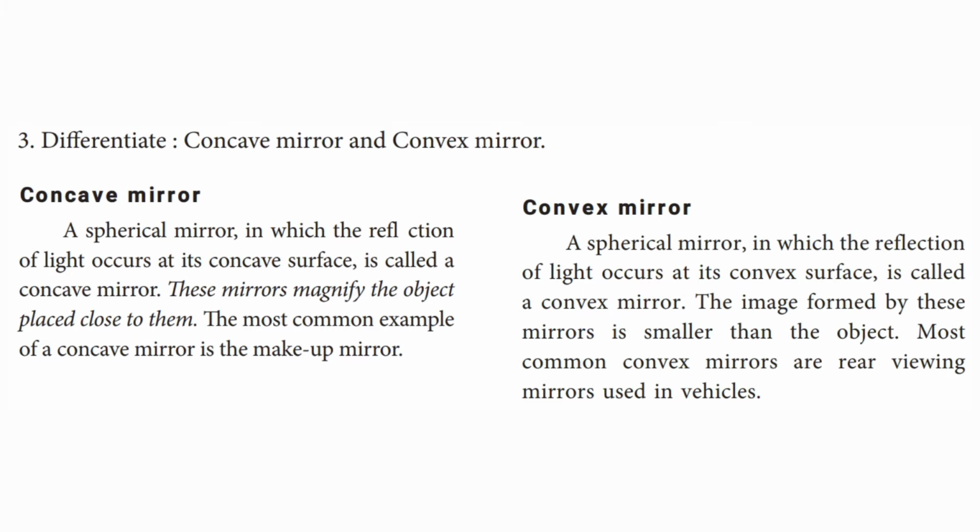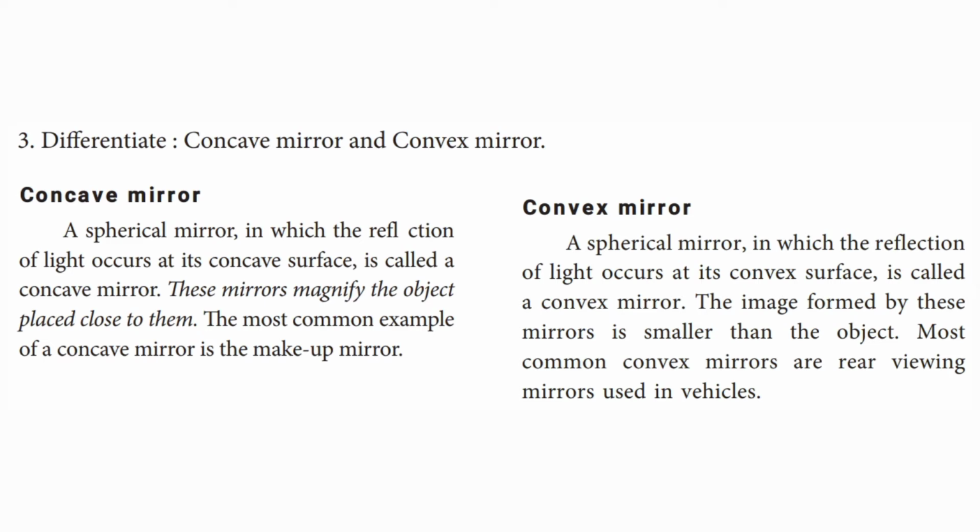Concave mirror. A spherical mirror in which the reflection of light occurs at its concave surface is called a concave mirror. These mirrors magnify the object placed close to them. The most common example of a concave mirror is the makeup mirror.